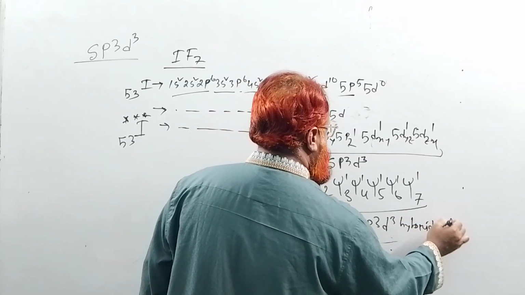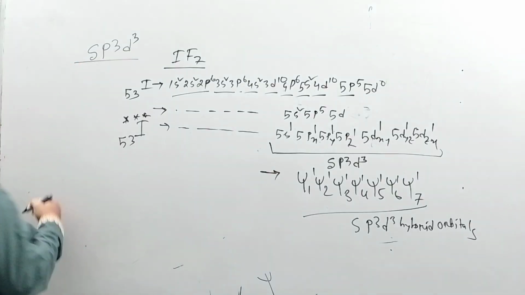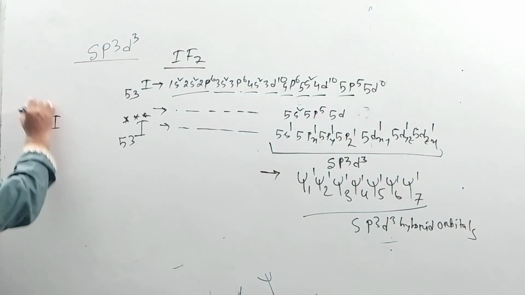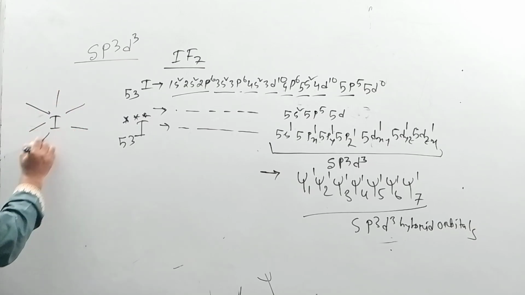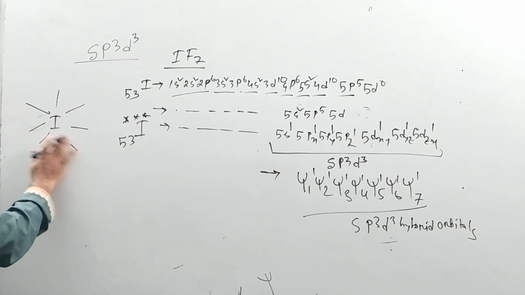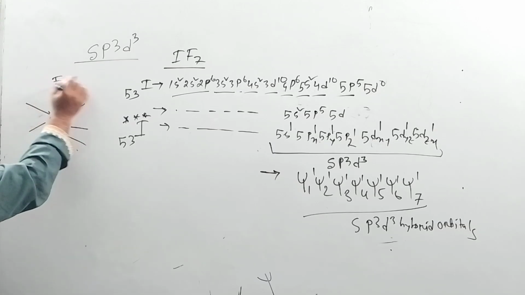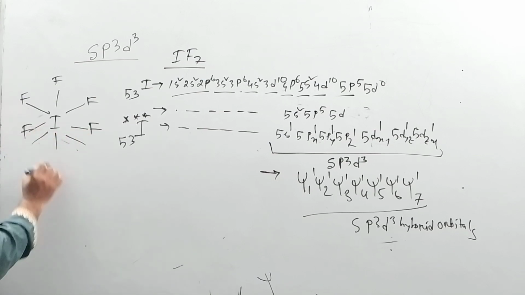Now, dear student, let us talk about the finding iodine 1, 2, 3, 4, 5, 6 and what, 7.